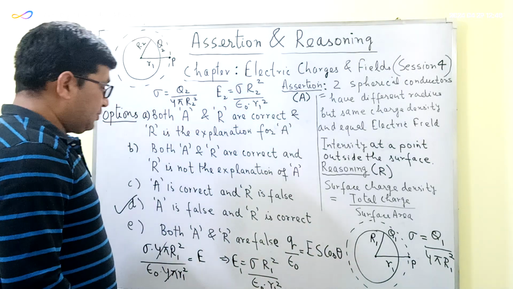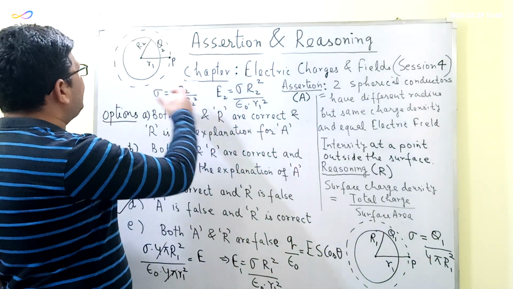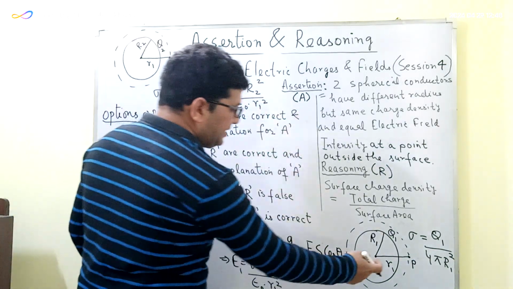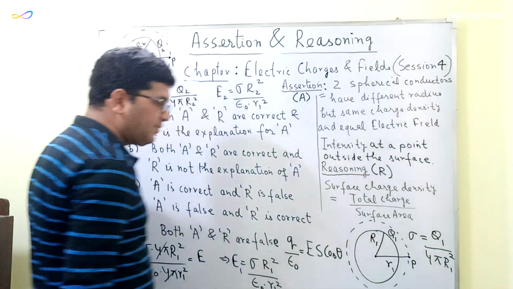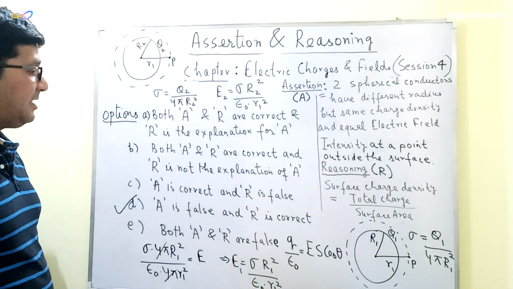Okay? But since I have taken a point which is not lying on the surface, it is at a distance of r from the center of both the spherical conductors.